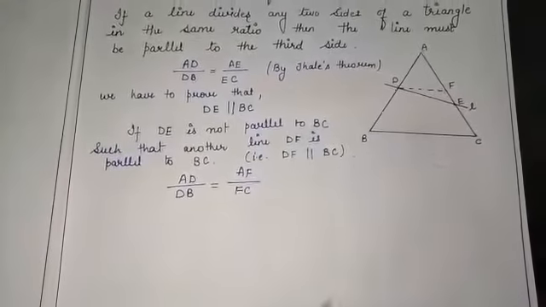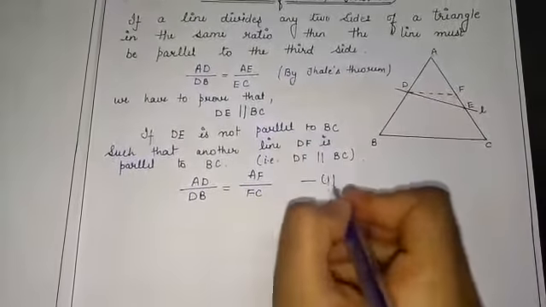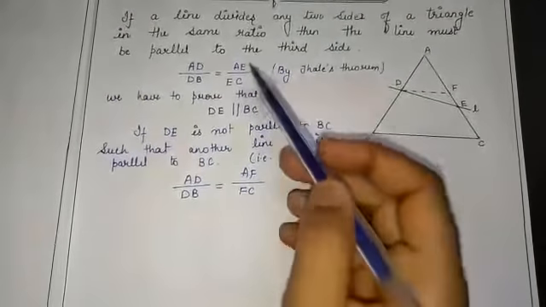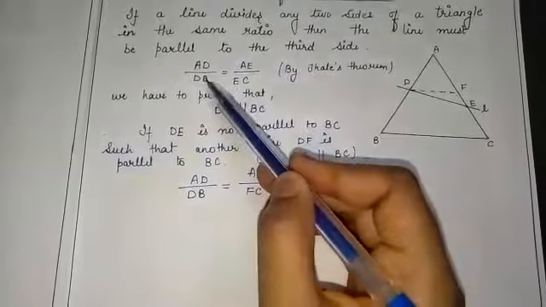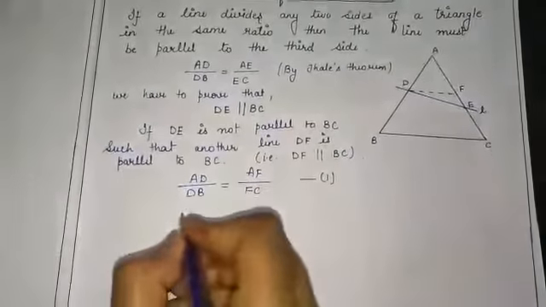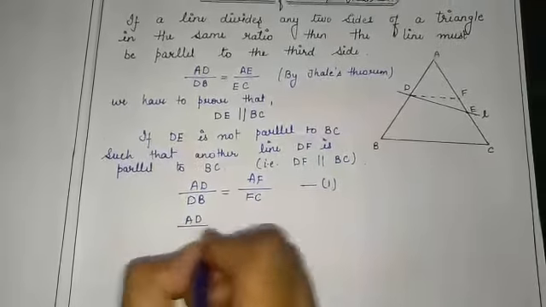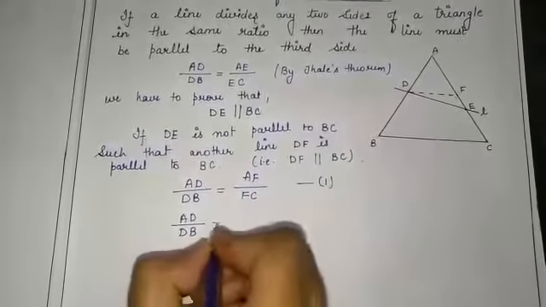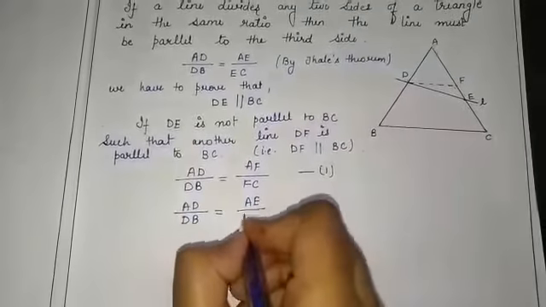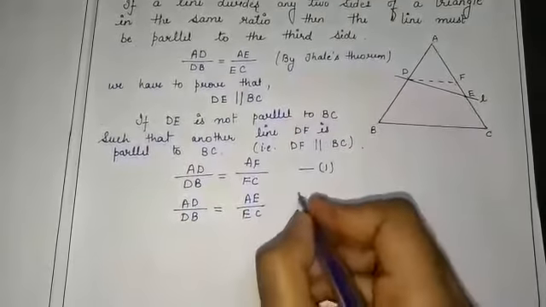This is equation number 1. But it is given that AD upon DB is equal to AE upon EC. This is given.